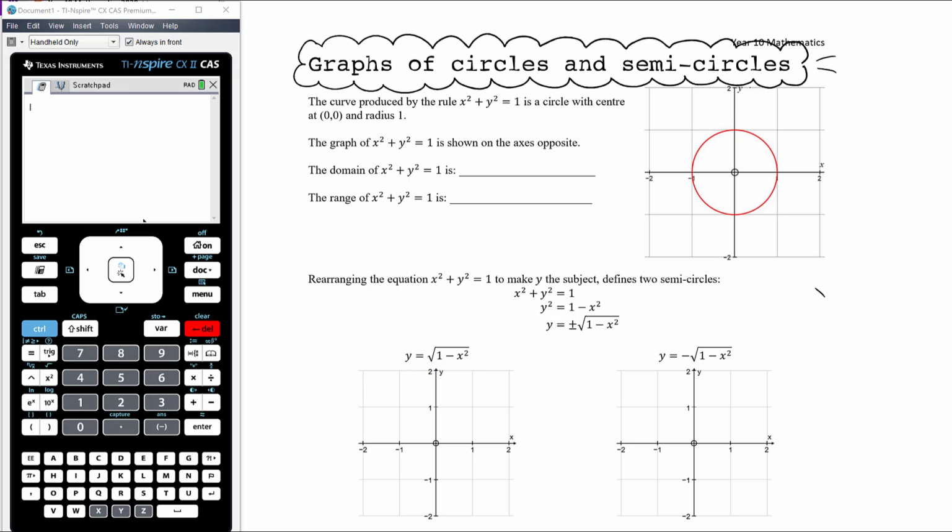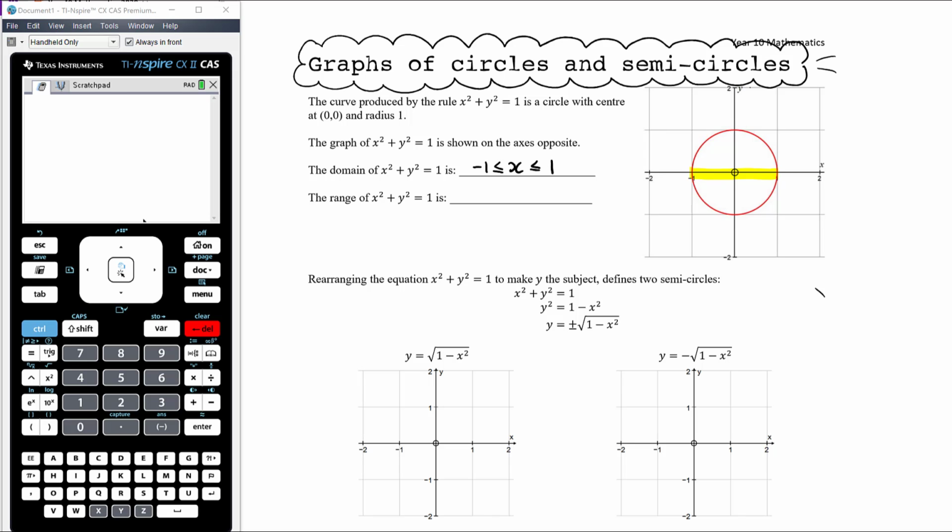So x squared plus y squared equals 1 is a unit circle, a circle with its centre at the origin and a radius of 1. So the domain of x squared plus y squared equals 1, so the set of x values for which this graph exists, we can see the graph actually only exists between -1 and 1 inclusive. And so therefore the domain would be -1 is less than or equal to x, which is less than or equal to 1.